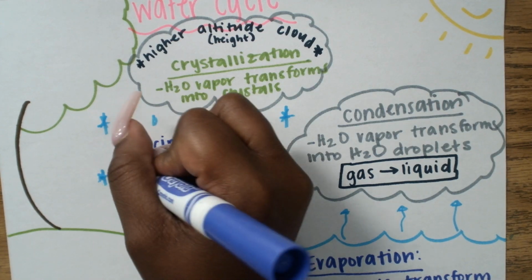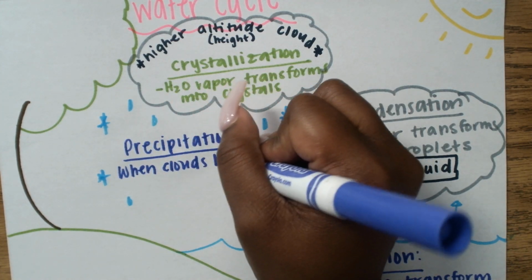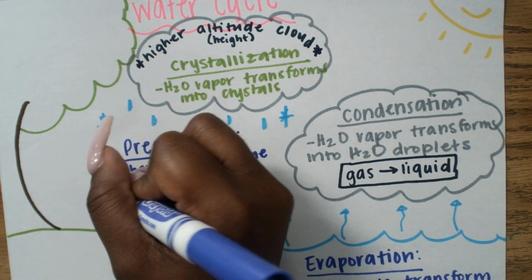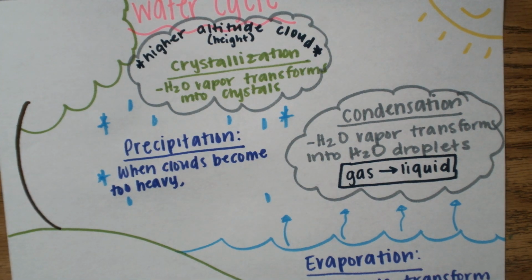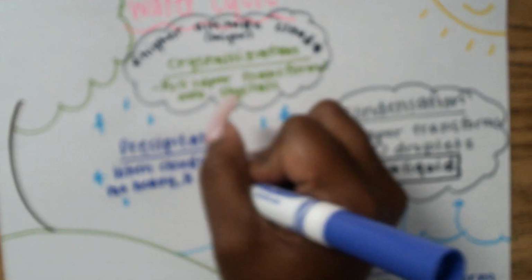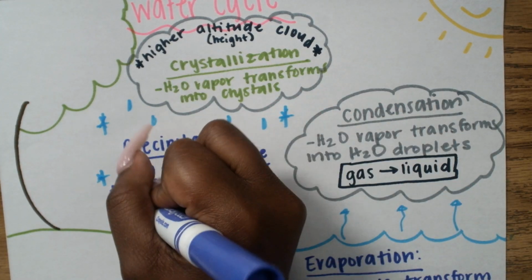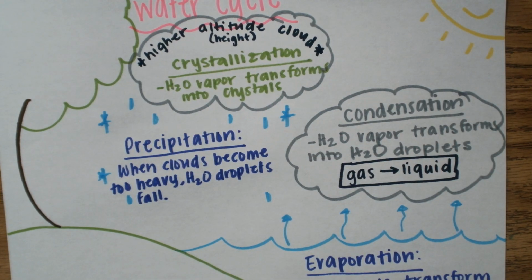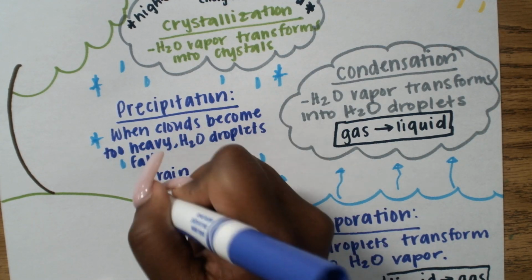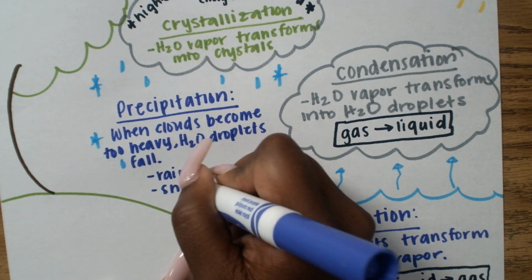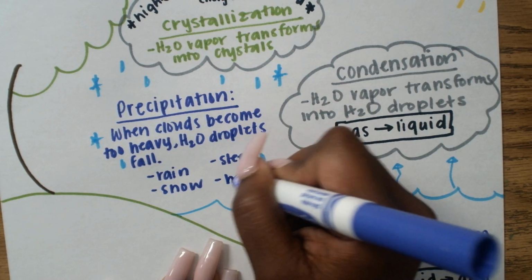And then I'm gonna add: when clouds become too heavy, H2O droplets fall. All right, and then we're gonna write our 4 kinds of here: rain, snow, sleet, and hail.